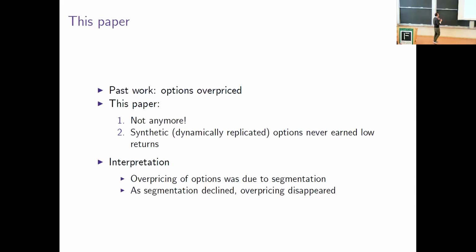They never looked overpriced relative to the CAPM. So we're going to argue that the overpricing of options was due to segmentation, and as that segmentation declined, the overpricing disappeared. It is no longer the case that we even see a deviation between the returns on true options and the returns on synthetic options. Another way to say that is delta hedge returns have gone to zero.